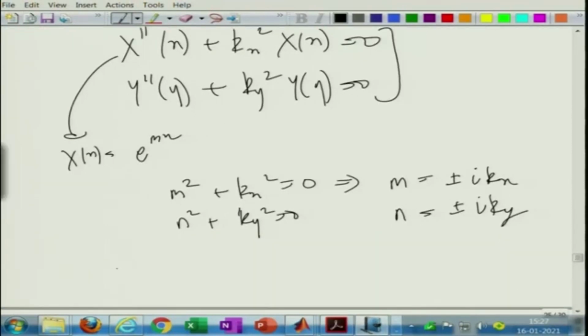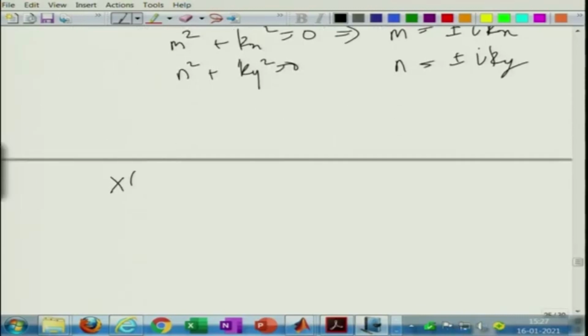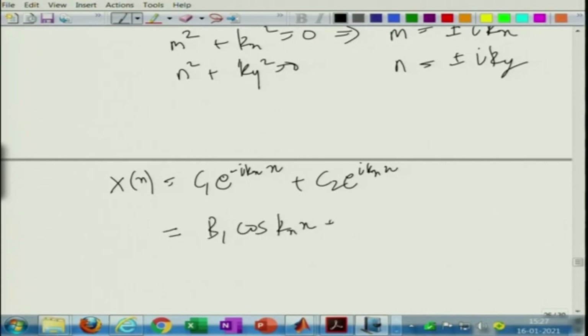So, what does it mean? This means X will become C1 into e to the power minus i kx x plus C2 into e to the power i kx x. This can also be written in the form, let us say, B1 into cos of kx x plus B2 into sine of kx x.